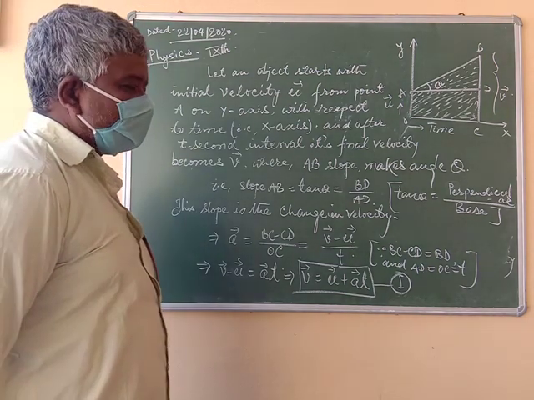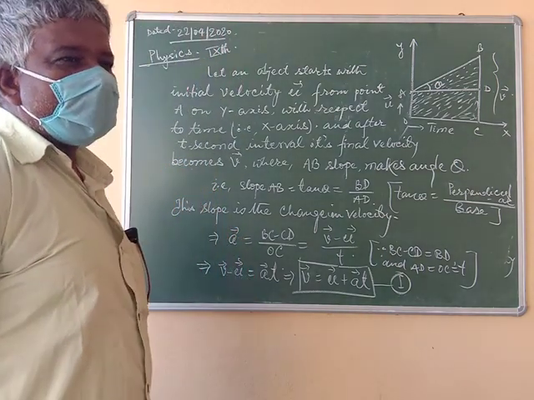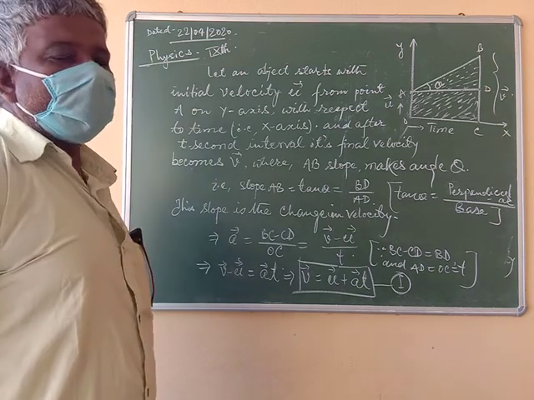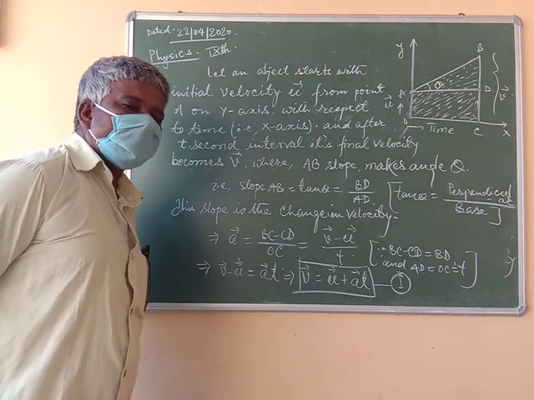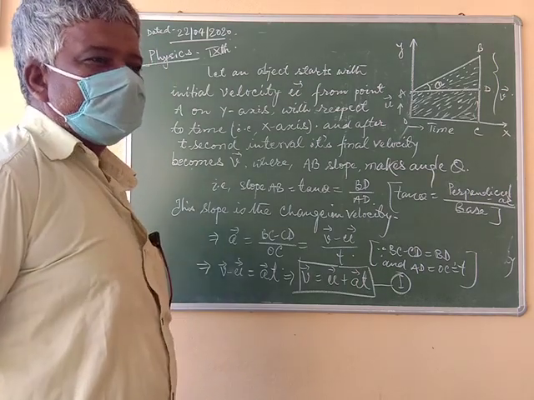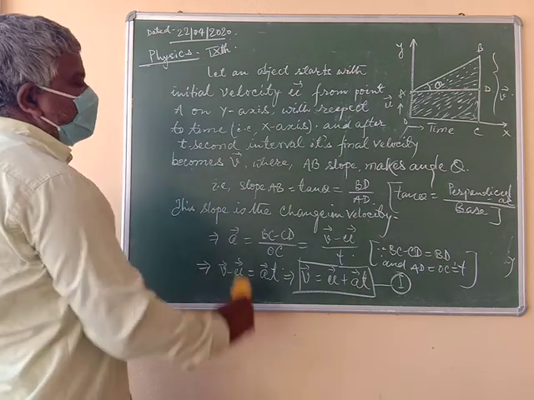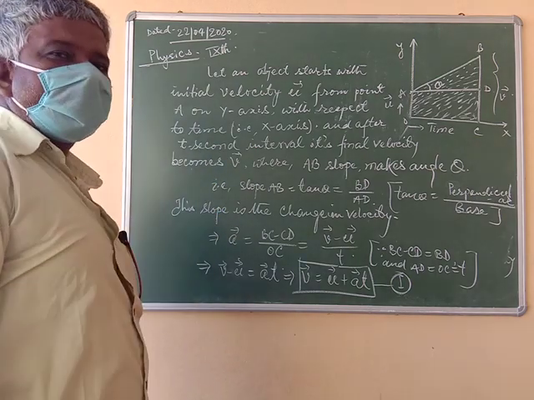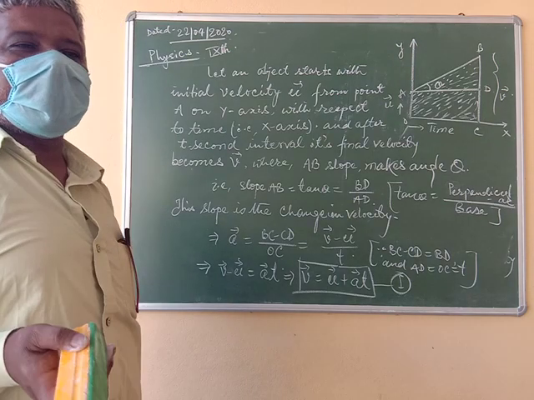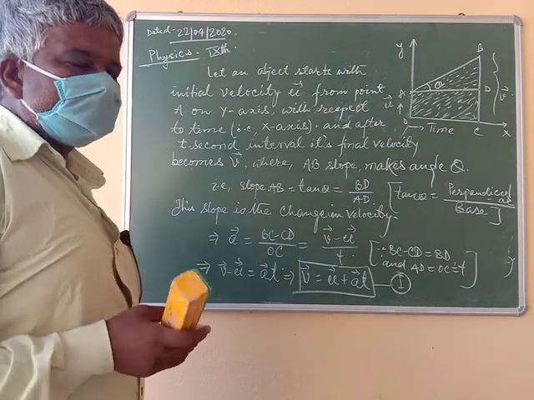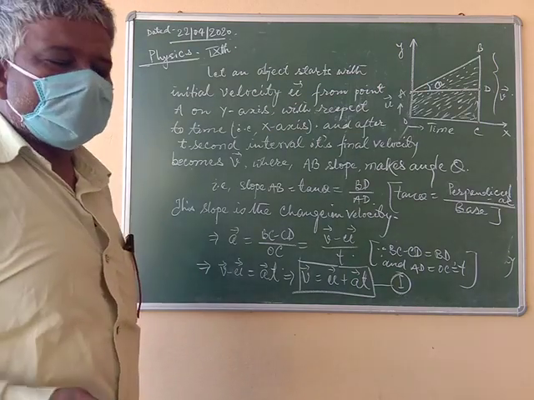After solving these related equations, we will study in more detail the graphical representation of distance time graph, displacement time graph, velocity time graph, etc. Distance time graph will show the speed, displacement time graph will show the velocity, while velocity time graph will show the acceleration.